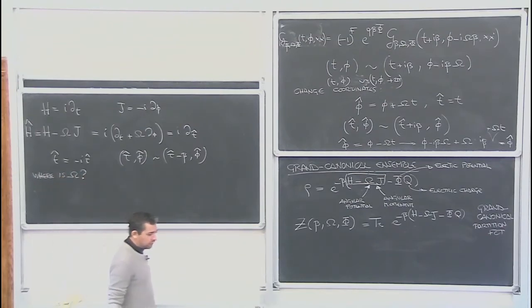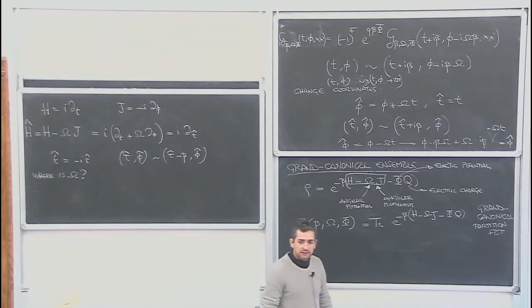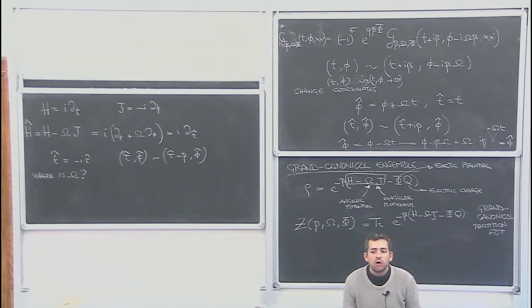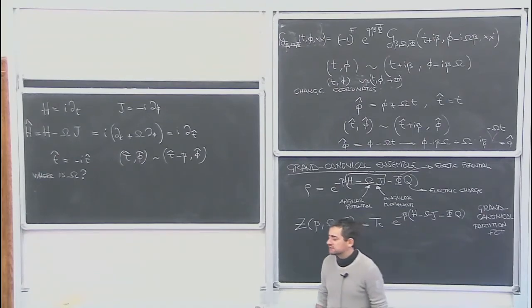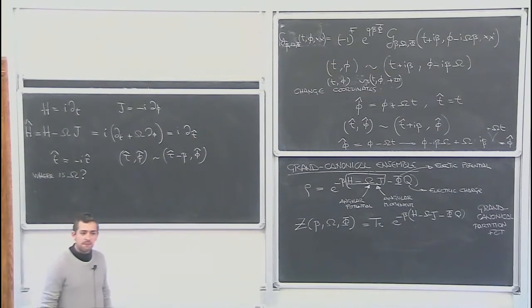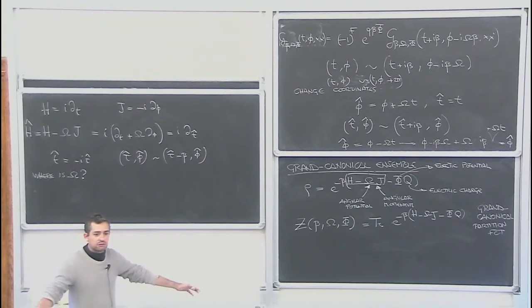So we have changed coordinates, right? Jacobian of what? Of the path integral? No, it's even more simple. No, we had a background before.